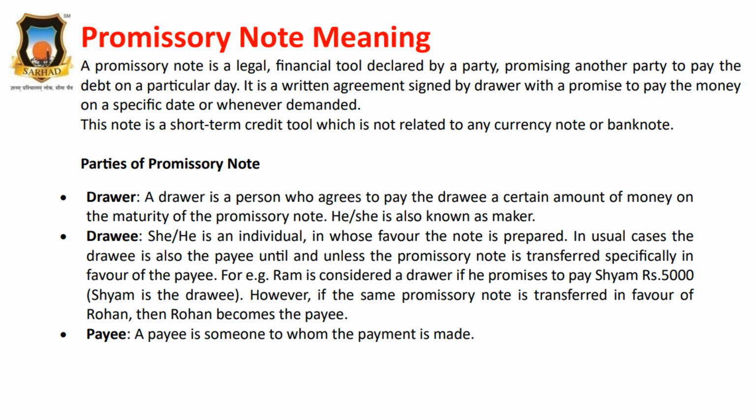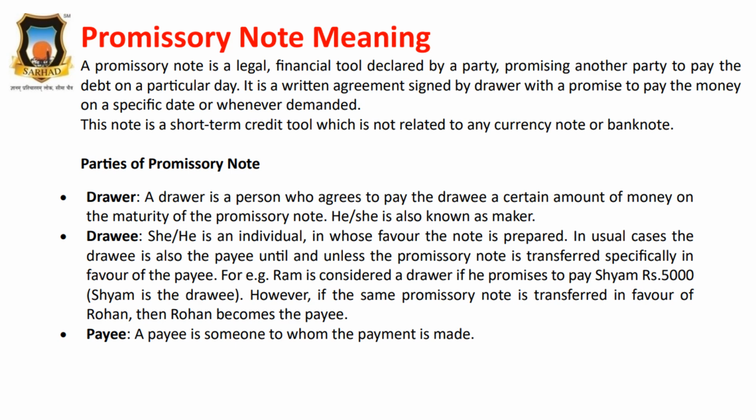I repeat, he or she is an individual in whose favor the note is prepared. In the usual case, the drawee is also the payee, until and unless the promissory note is transferred specifically in favor of the payee.